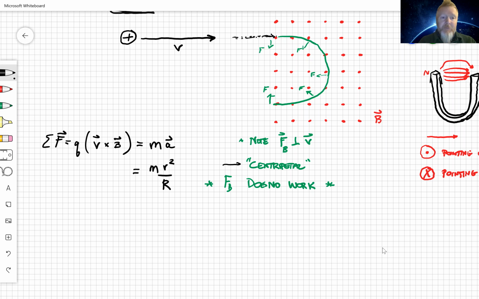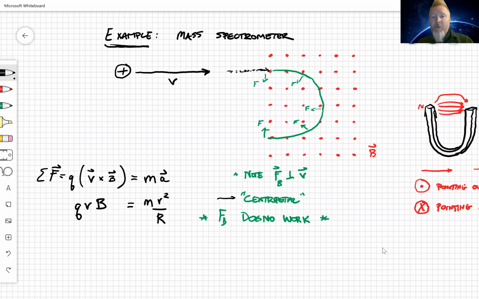Now, in this case, qvB sine theta, sine theta was equal to 1 at this point because the angle between the velocity and the magnetic field is 90 degrees. The velocity is that way, and the magnetic field is that way. So it's a 90-degree angle between the two, so sine theta is equal to 1 in this case.